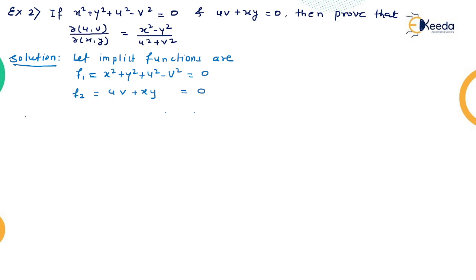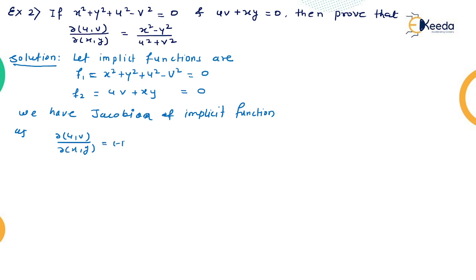So you know very well the Jacobian of implicit functions is given as: the Jacobian of u, v with respect to x, y is equal to minus 1 whole square in brackets, del f1 f2 upon del x y, divided by del f1 f2 upon del u v.